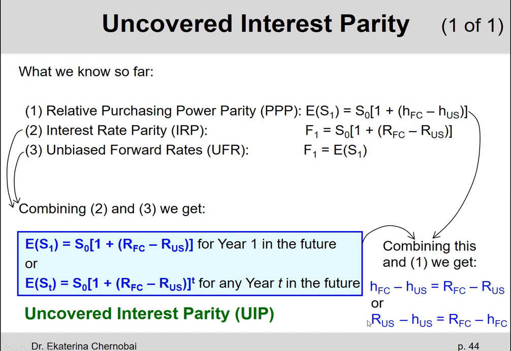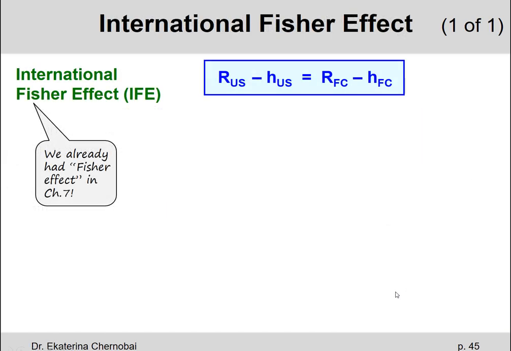And this last formula has a name in international finance. It's called the International Fisher Effect. By the way, the term Fisher Effect should sound familiar because we already saw it in chapter 7.